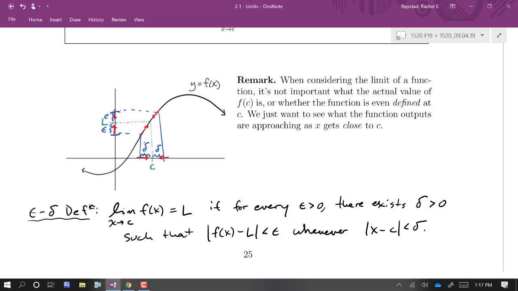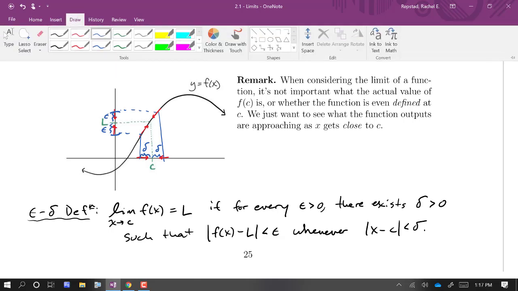I just need to be that close to my input. And if I can do that no matter how small you make epsilon, that means that is what the limit is. It doesn't require the function to be defined at c. The limit can exist even if the function doesn't exist there. The limit can exist even if f of c does exist but is not equal to L. And we're going to see some of that on the next page.